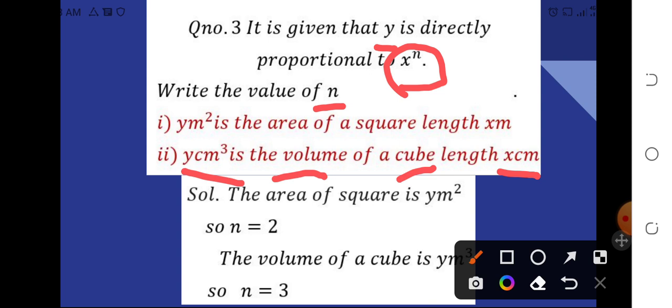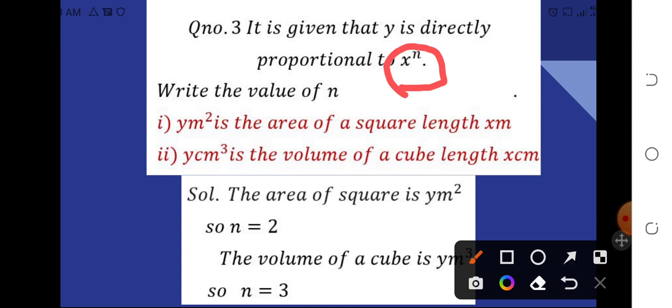So it is very simple, as we know that every area has a square and every volume has a cube.